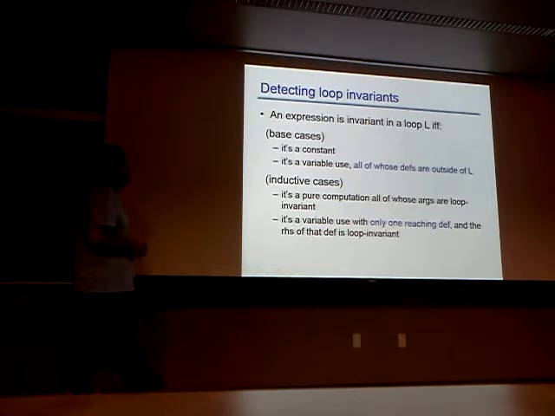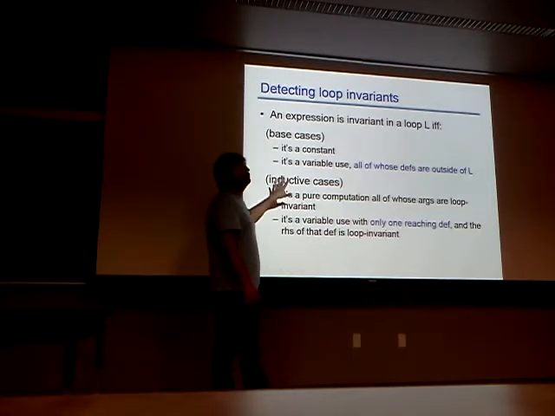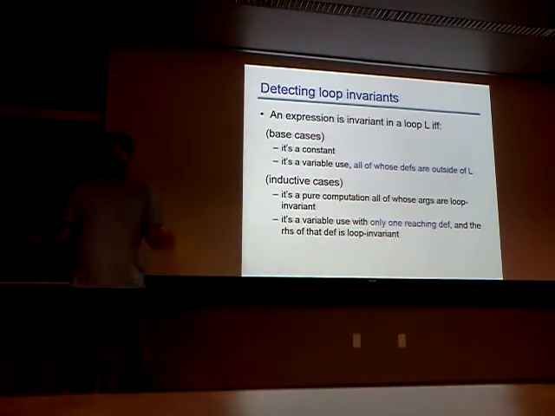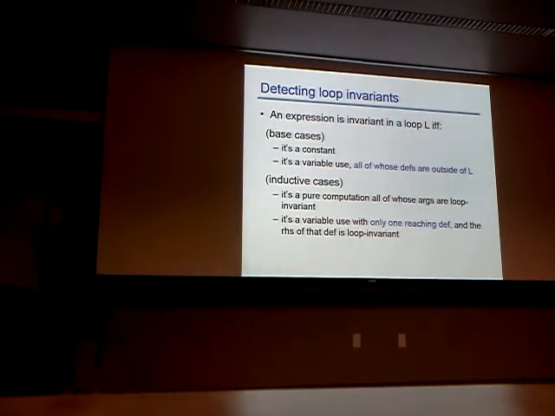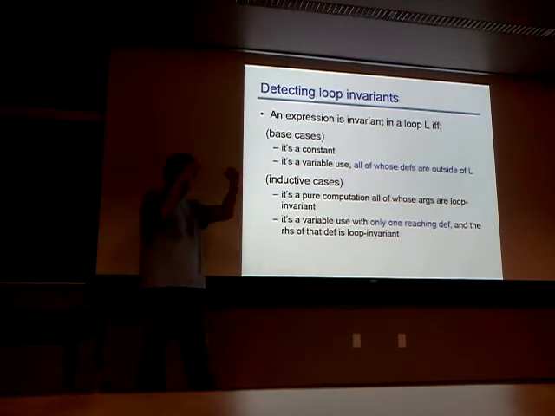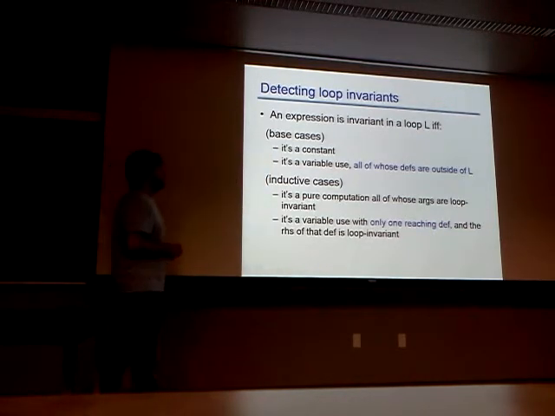For example, a random number generator is not pure: even if you pass a loop invariant thing into it, it's not going to produce the same thing every time. The parameters are always the same, you always get the same answer back.